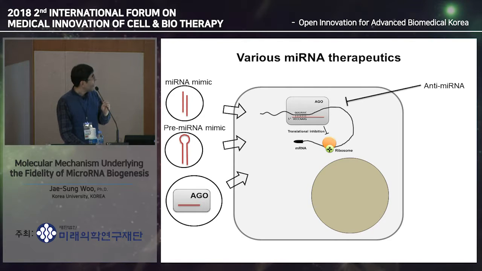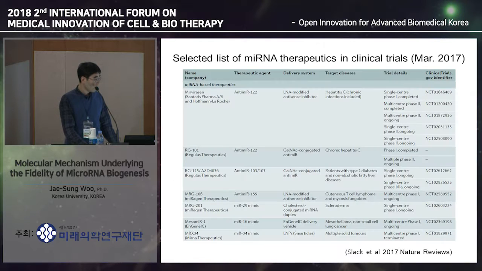Or anti-microRNA can also be transfected into the cell to inhibit some functional microRNA. So there are several microRNA therapeutics in clinical trials. They include anti-microRNAs and also microRNA 29 or 34 mimics.